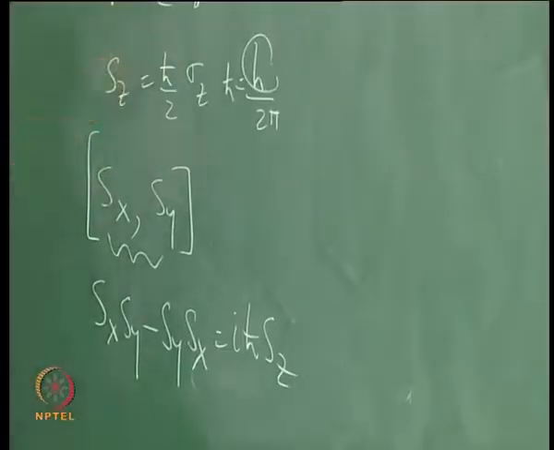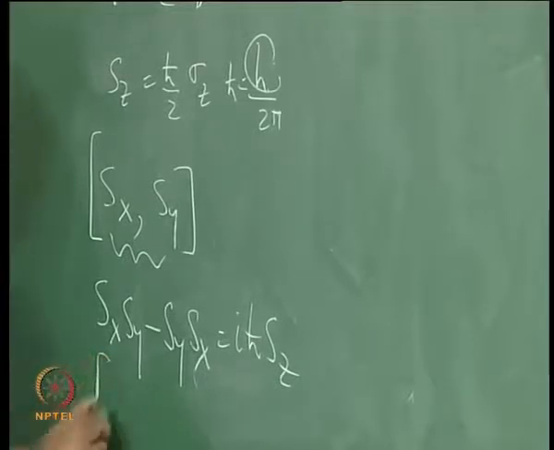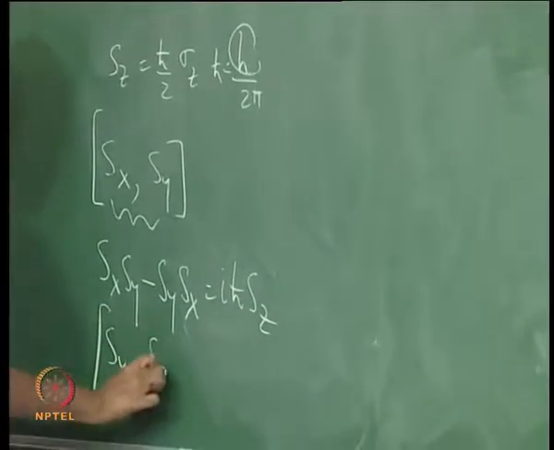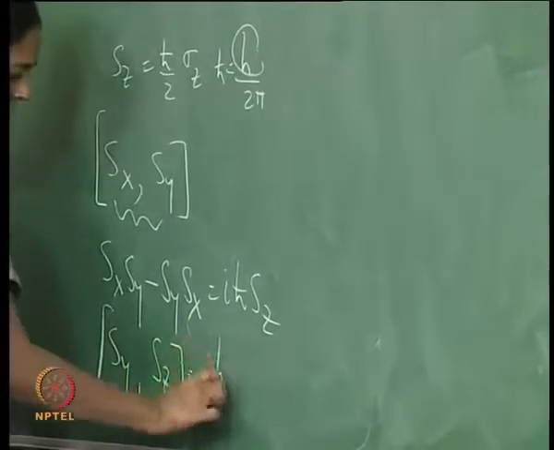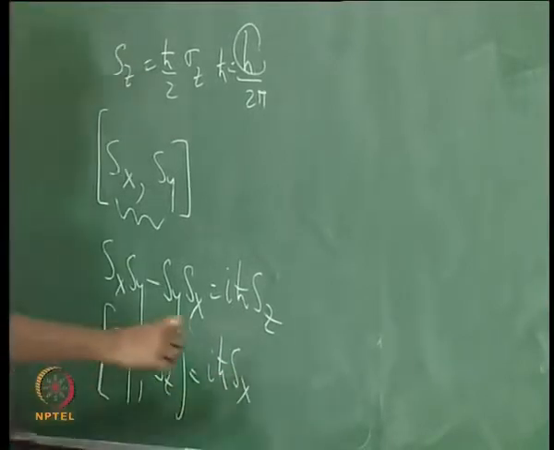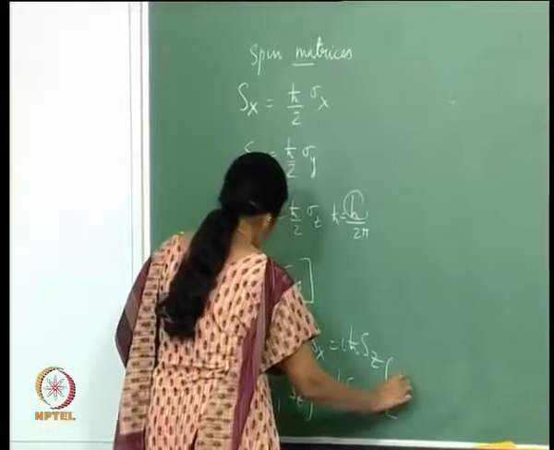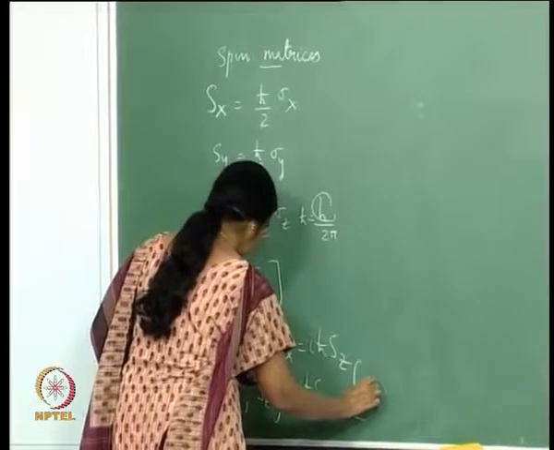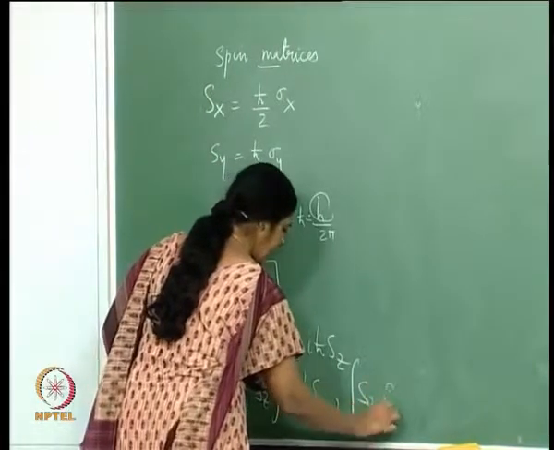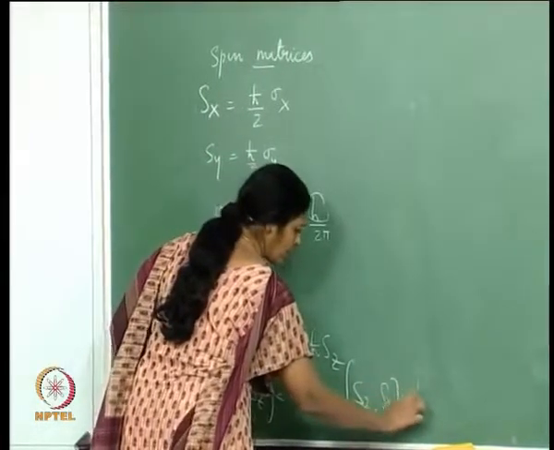Similarly, the commutator of Sy with Sz is i h cross Sx, and the commutator of Sz with Sx is i h cross Sy.